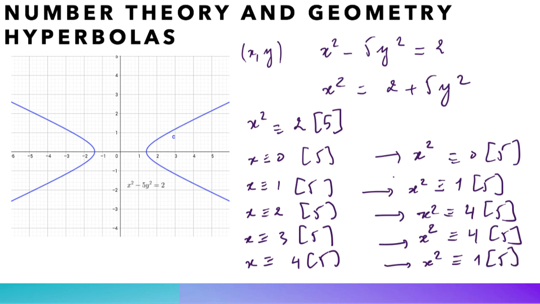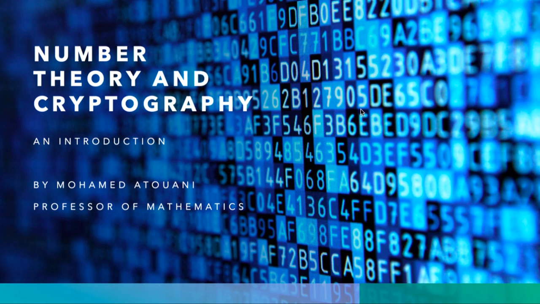In all cases, we see that x squared is never congruent to 2 modulo 5, which means that this equation cannot have integral solutions.